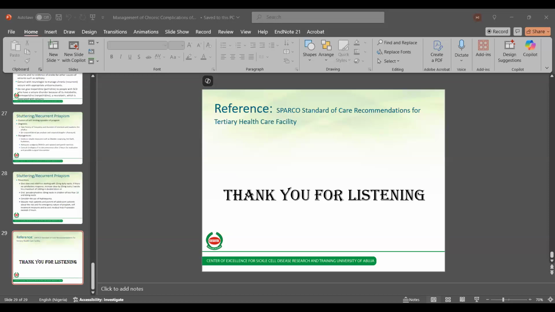But the common thing among health workers is that we always assume that the patients will abuse these drugs. Many of them don't want to abuse such drugs, so we should give them the benefit of the doubt, and they should always be well educated in order to prevent that.